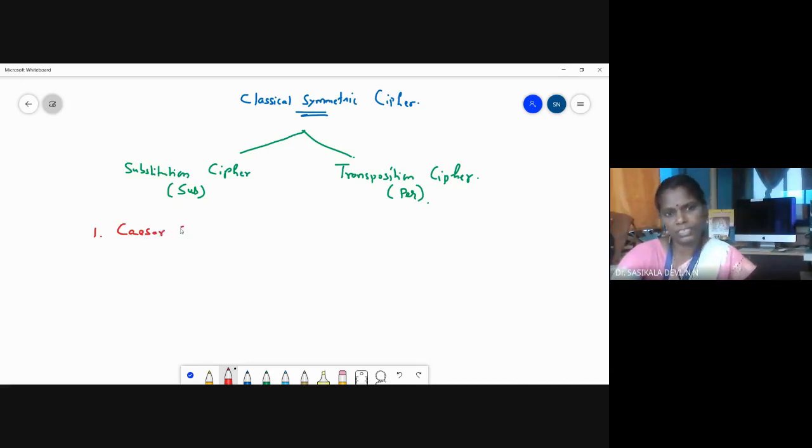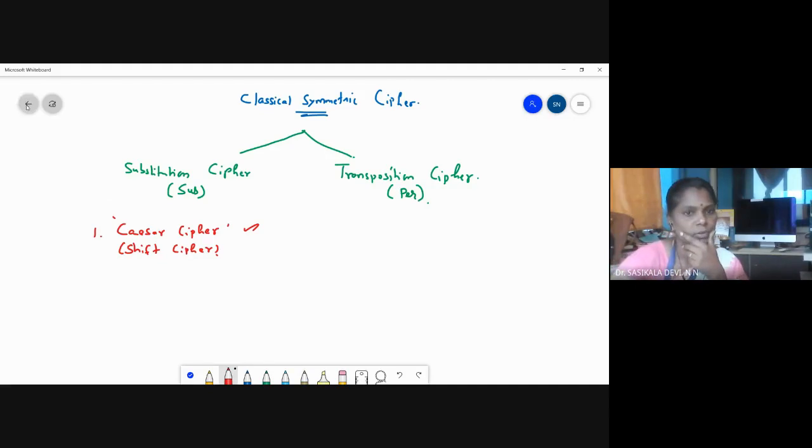It's also known as the shift cipher. We will discuss the algorithm for Caesar cipher and cryptanalysis of Caesar cipher.